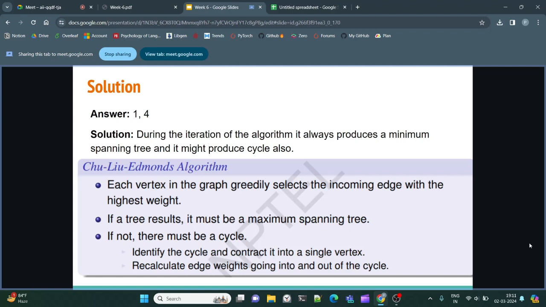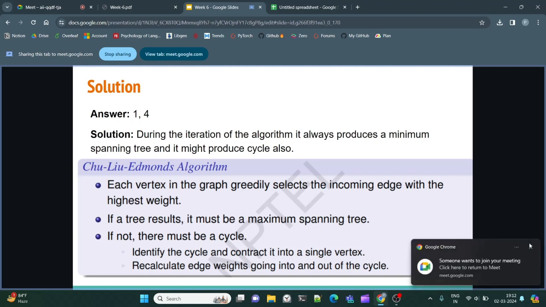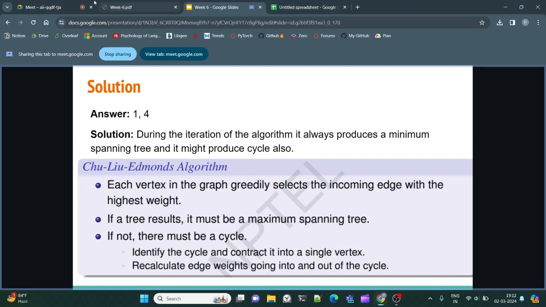If it is, we got what we are looking for. If it is not, we further check if there's a cycle. If there is a cycle, we need to identify the cycle, contract it, take additional steps to account for it, recalculate the weights, and go over the same steps again until we come to the solution.